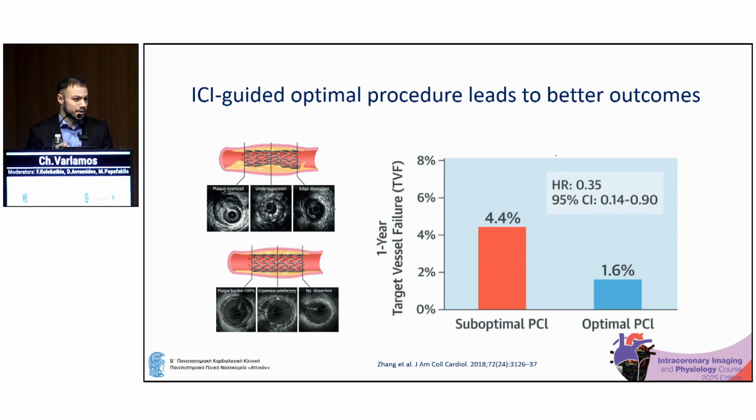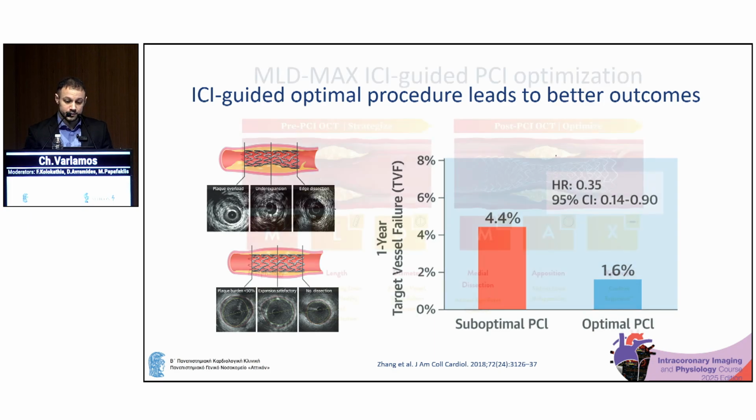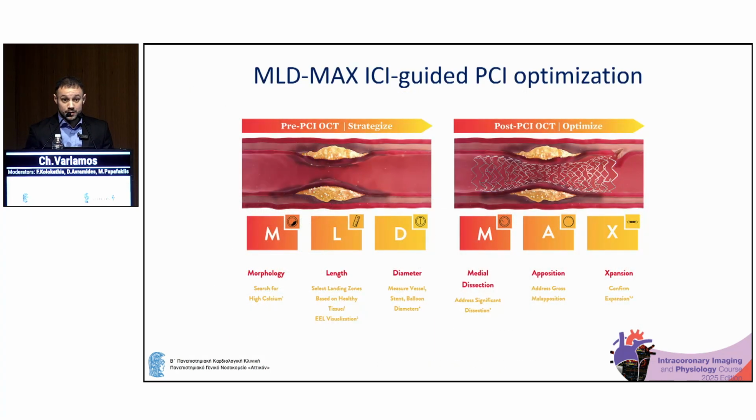There are some criteria that we have to fulfill to get the best result of our PCI, such as a good MSA, and no stent edge dissections or malapposition. And there are simple algorithms that we can follow.